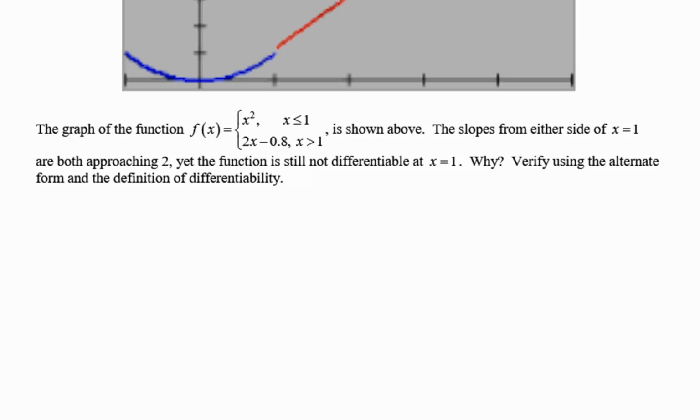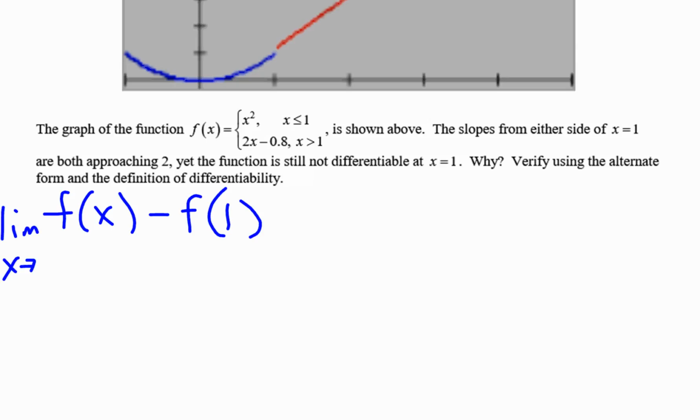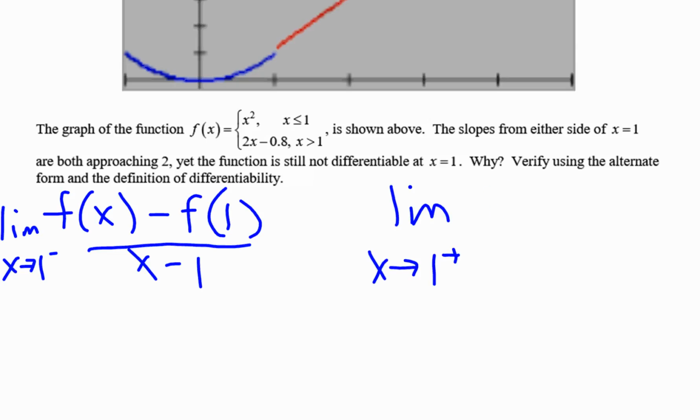Remember we need f of x and we need f of 1. And we're taking the limit as x approaches 1 from the left, and then we'll do the limit as x approaches 1 from the right.